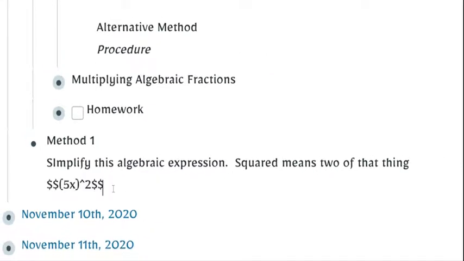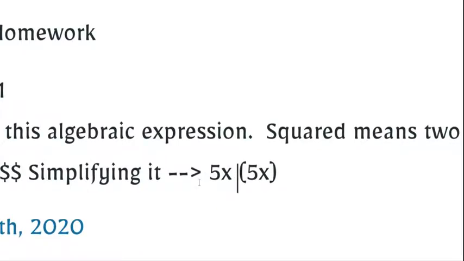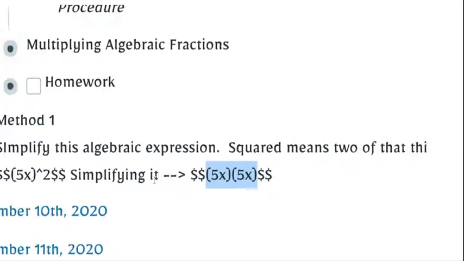So we could essentially simplify this to say, simplifying it essentially is saying 5x times 5x. All right, we have 2 5x. It's the first step. All right, there we go.